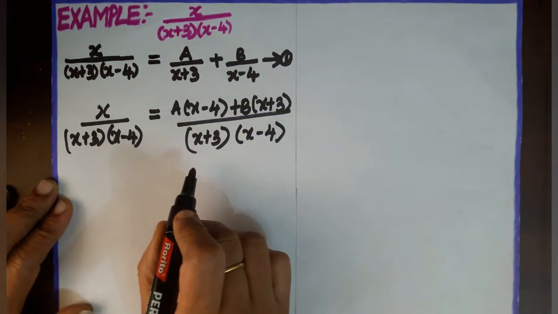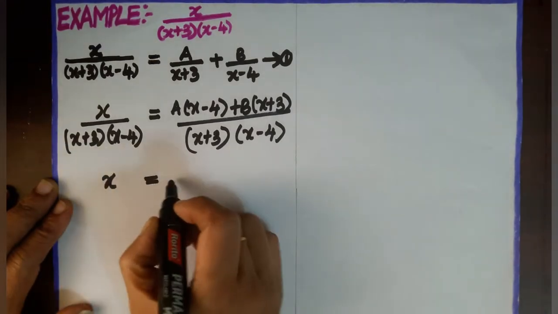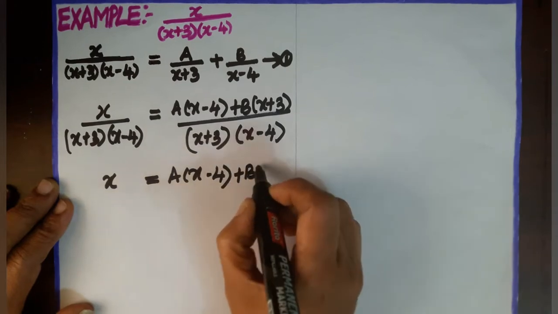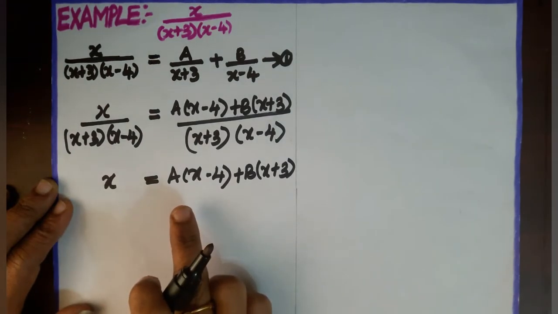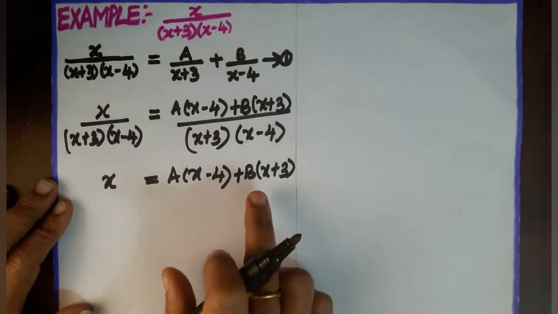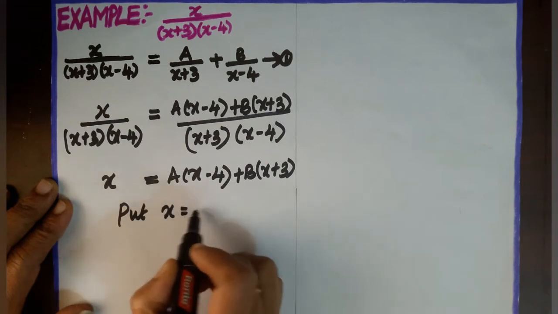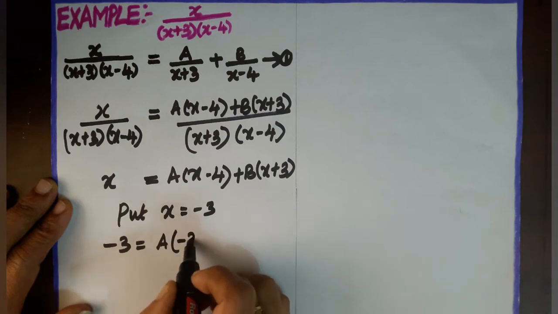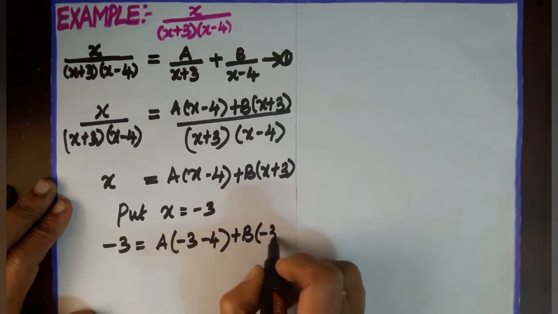Since we have the same denominator, we need to equate the numerator. Then we get x equal to A into x minus 4 plus B into x plus 3. To find A value, we need to make B as 0. Then you have to select the x value as minus 3. So put x equal to minus 3. Then we get minus 3 equal to A into minus 3 minus 4 plus B into minus 3 plus 3.